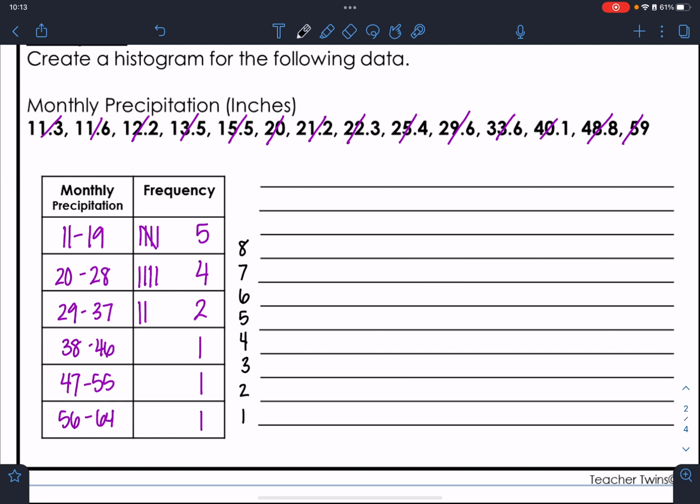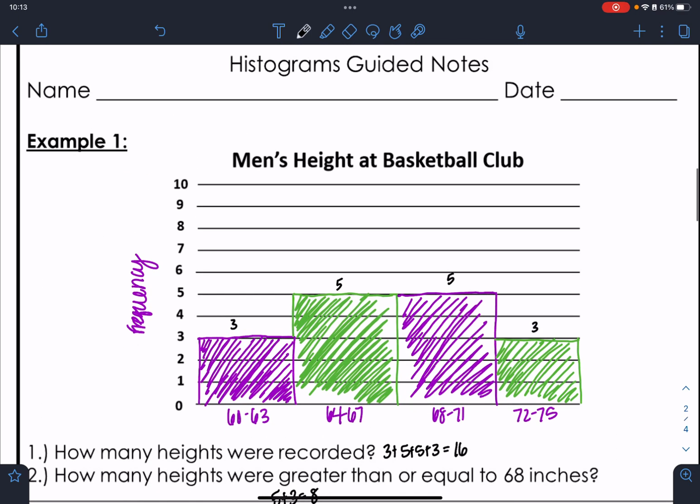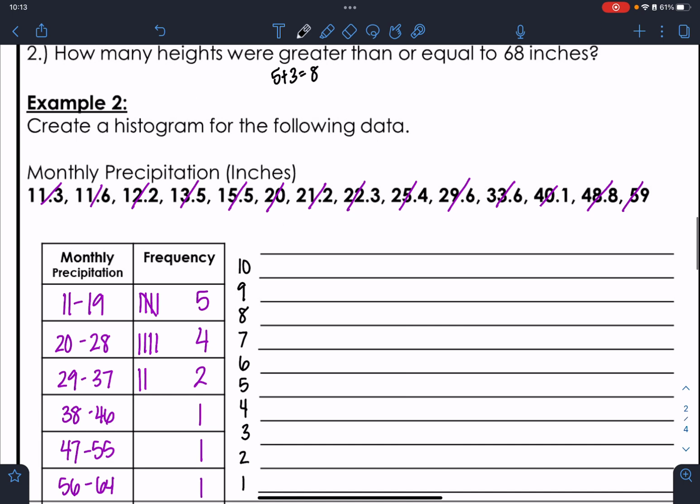Again, that's my frequency, the amount of times we see those numbers appear. We always want to give ours a label, just like how this one had a label. We can just call this one the same thing that my data was titled. If my data was titled monthly precipitation, let's just call this monthly precipitation. Don't make it any harder than it needs to be, but we do want a label.